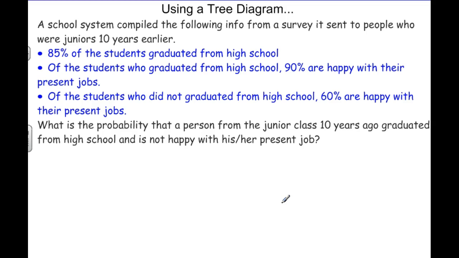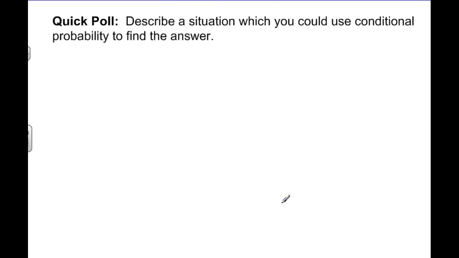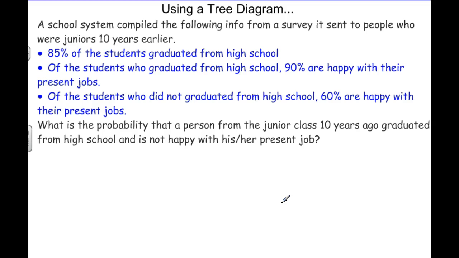Finally, we get to tree diagrams, and these are definitely a little bit different here. This is our last problem, I believe. So we're going to draw a tree diagram. Well, the main thing I want you to know before we start this particular problem, if you do a tree diagram, let's say you have 2 branches. If this one's 70% or 0.7, then this one would have to be 0.3. In other words, these 2 have to add up to 1.